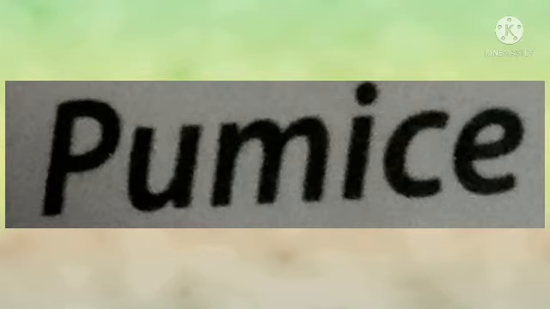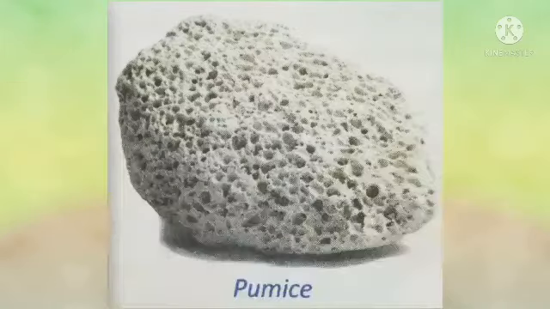Next, pumice. Pumice is formed when lava cools quickly above the ground. It is porous. Porous means it is full of holes. These holes are formed when the gases trapped inside release during its formation.